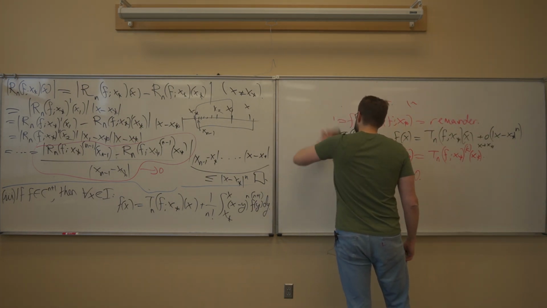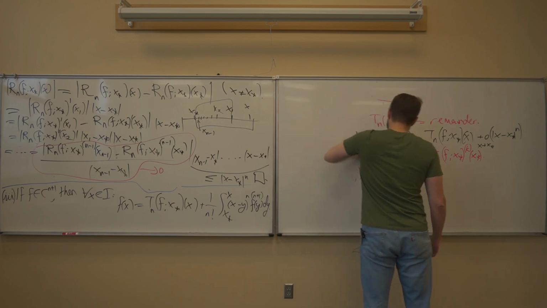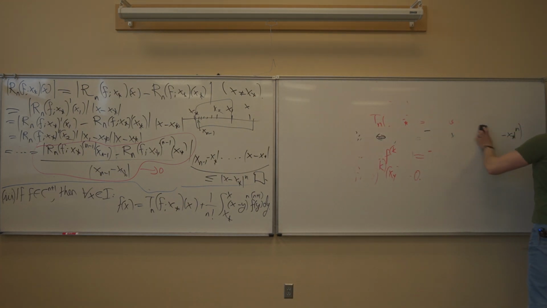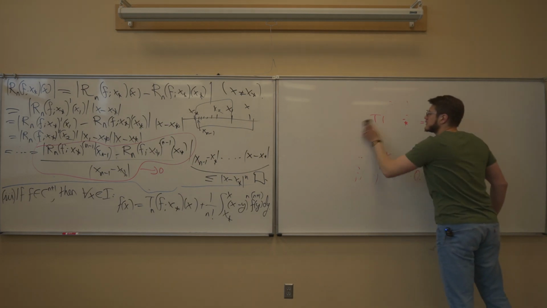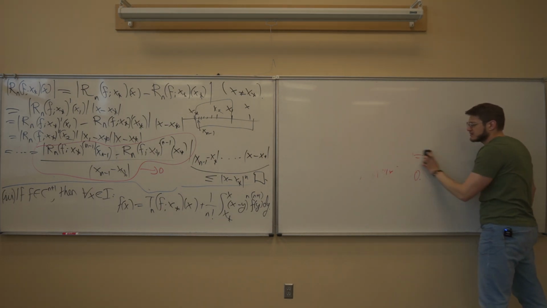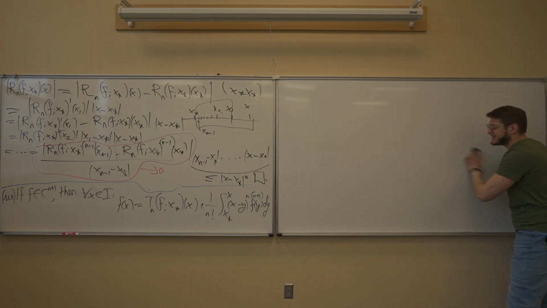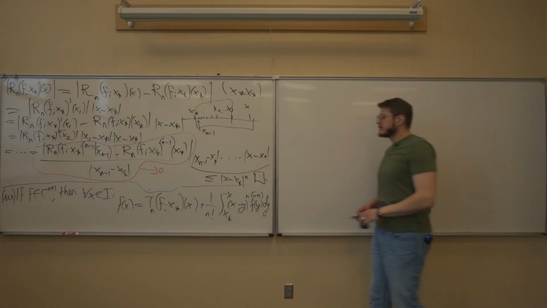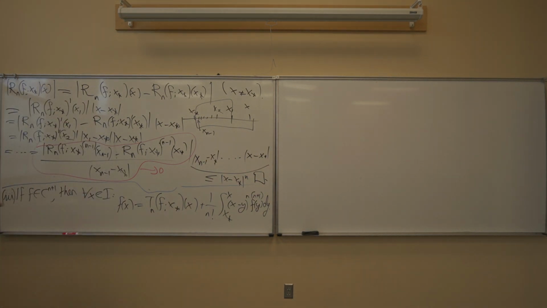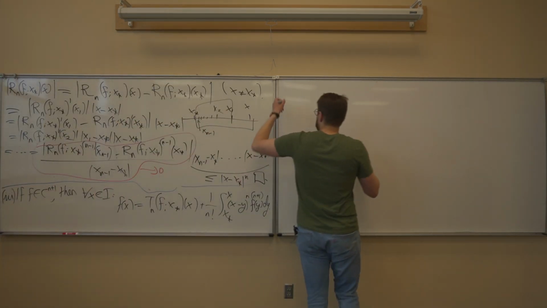For the second part, we need to cook up a point, x dagger, that is strictly between x and x star, such that the remainder is of a certain form. Let me remind you, this was the claim for the second part.